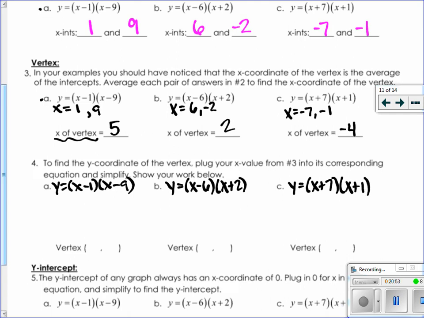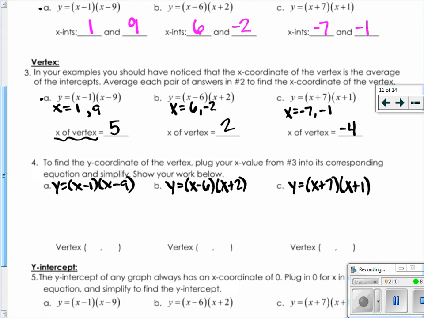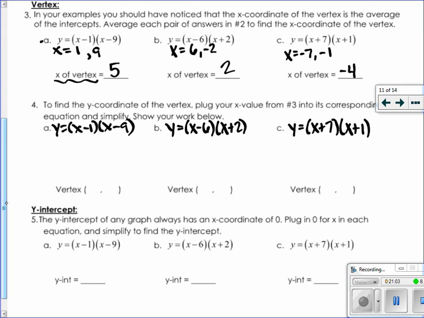But now our goal is find the vertex. So we already know part of the vertex. What do we already know for the vertex? All the x values. We know that this one is 5, this one is 2, this one is -4.